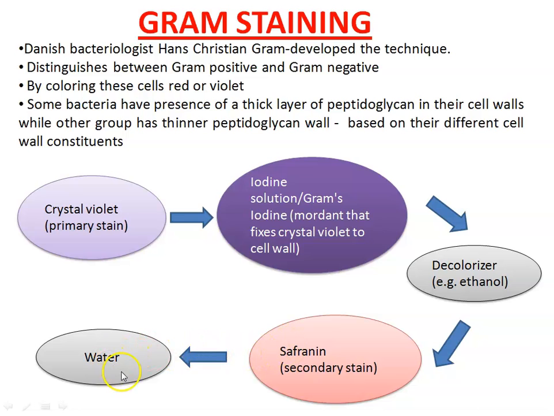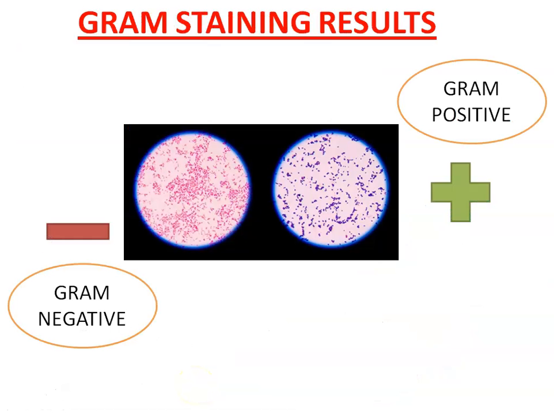And then you wash these slides and observe them under the microscope. So this is what the result looks like. These are the cells which retain their violet color, and these are the cells which lost their violet color to the decolorizer and took up the color of the safranin, that is red or reddish pink.